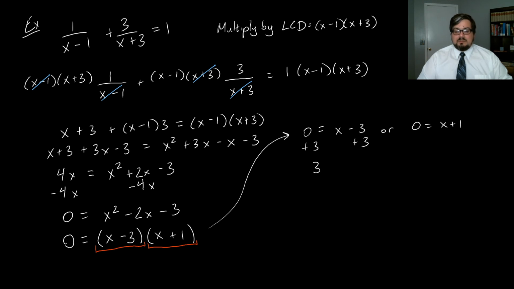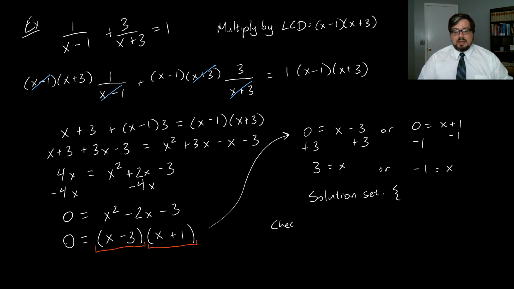We can solve each one of these for x, and we get that x is equal to 3, or x is equal to -1. Now, before we write down the solution set, we need to check each one back in the original equation.